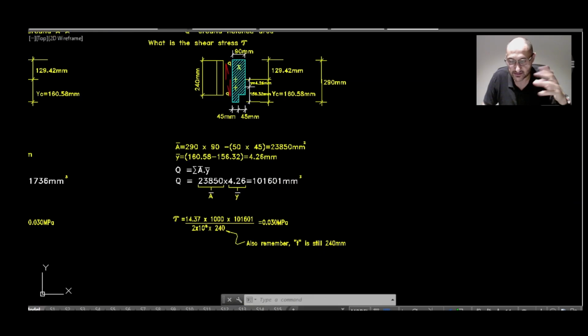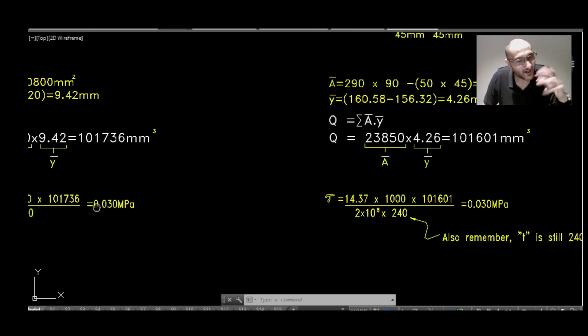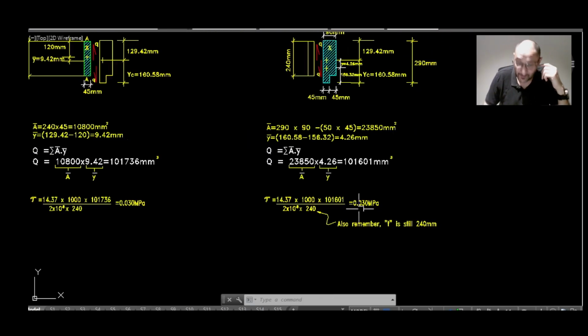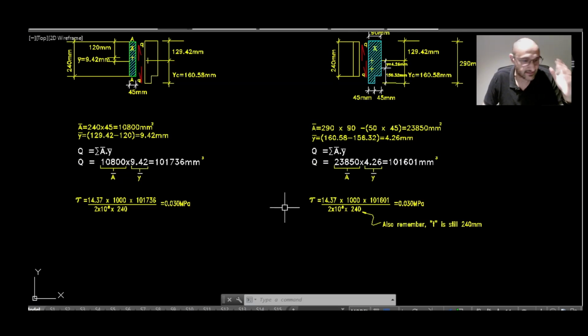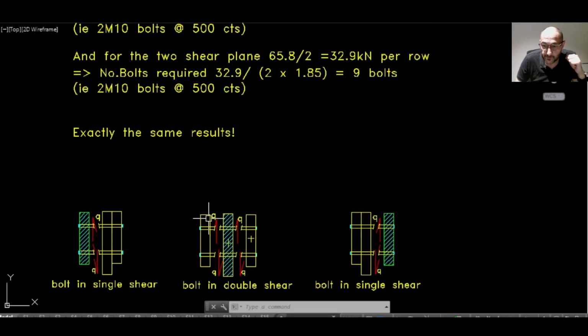Tau shear stress is equal to VQ over IT, and we get exactly the same result of 0.03 MPa. Wow, I just hope you are as happy as I am now, because I'm glad this theory works. Yeah, and I think this is the end of my story. I hope this made sense.